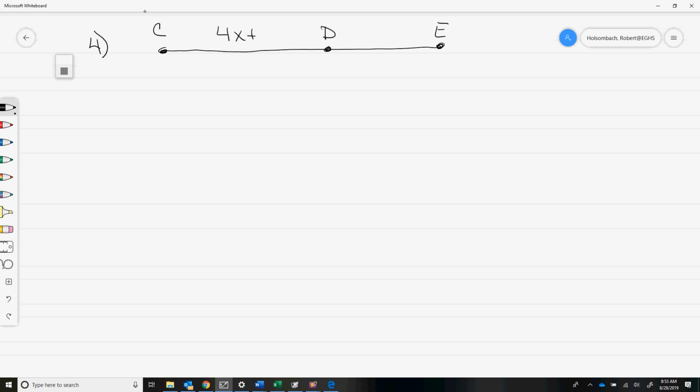D to E is 35. And the entire piece, C to E, is 8x. Find CE. You need C to E. You need the entire piece.